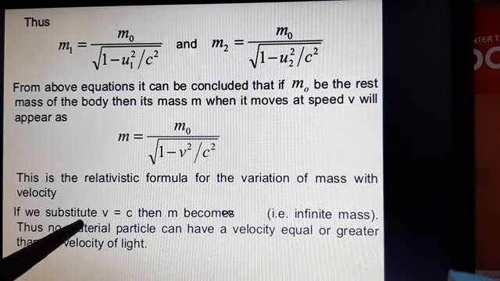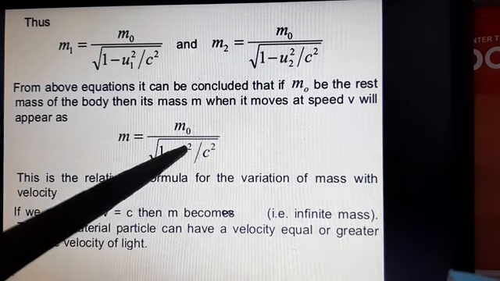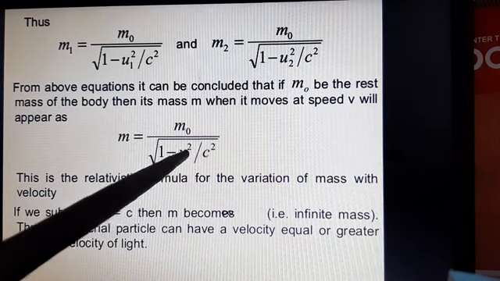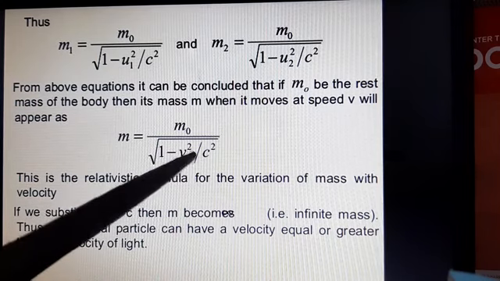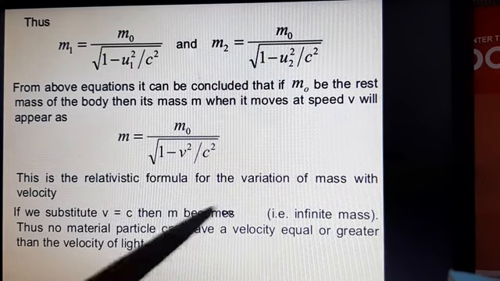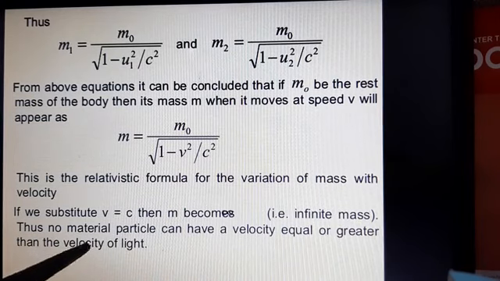If we substitute a special case, V equal to C, then 1 minus V square upon C square means 1 minus 1, which is 0, and ultimately m naught upon the square root of 0, that is infinity. So the mass becomes infinity.